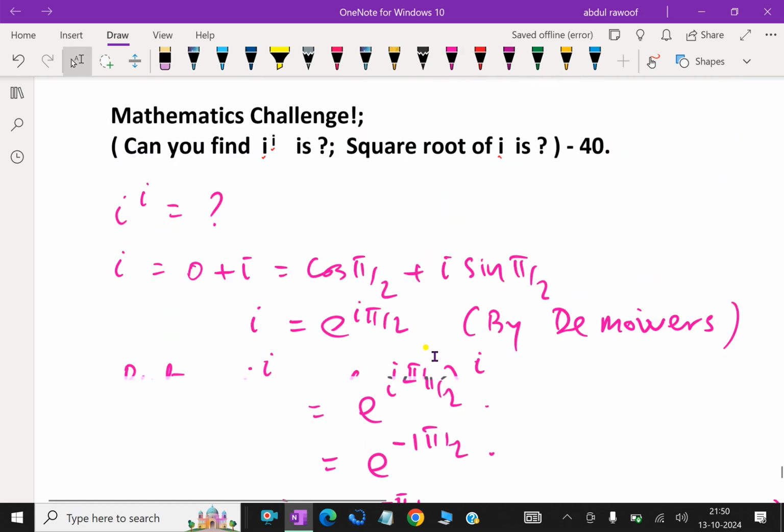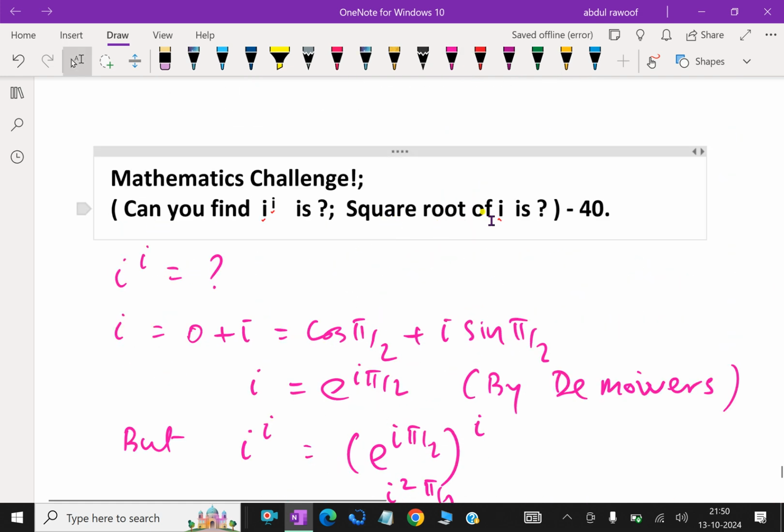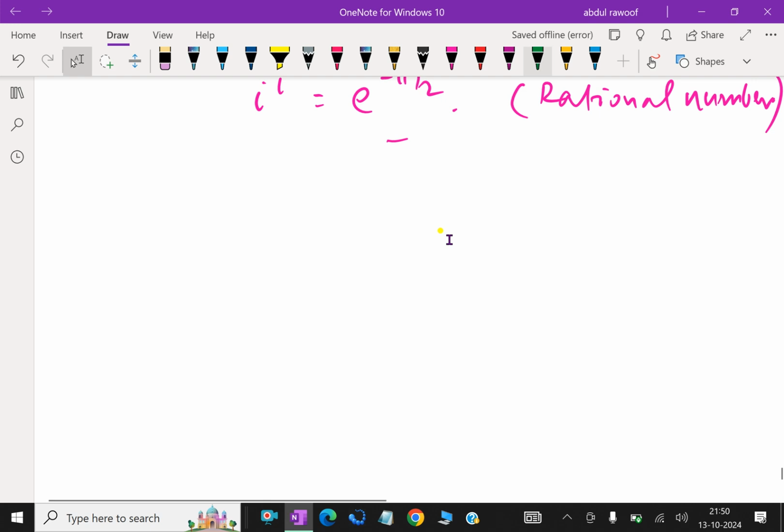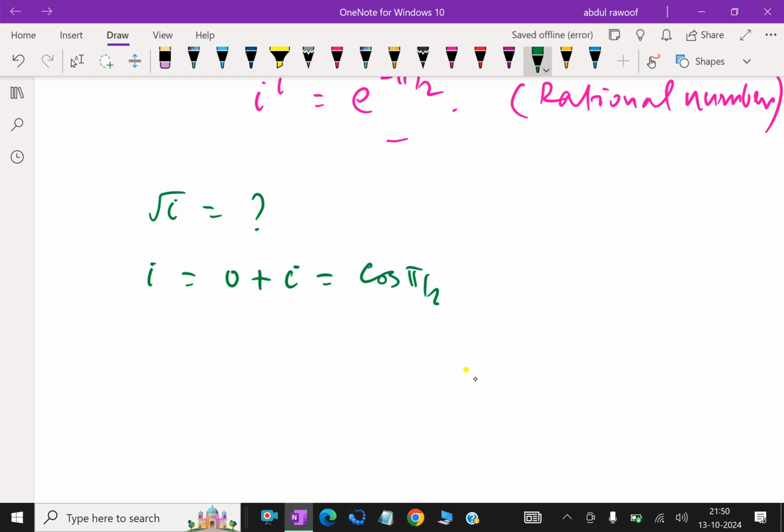Next one, can you find the square root of i? First, we can express i as 0 plus i, where the real part is 0 and the imaginary part is 1i, which in trigonometric form we can write as cos pi by 2 plus i sine pi by 2.